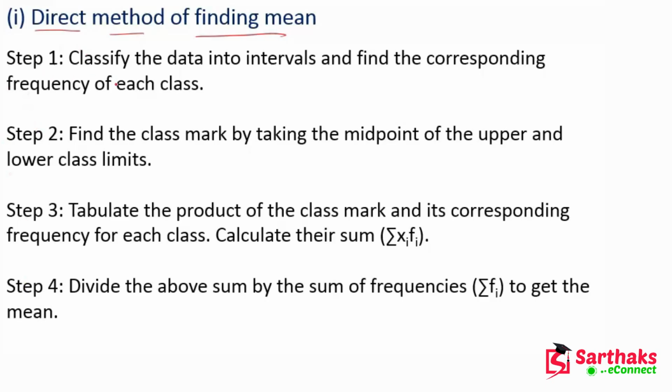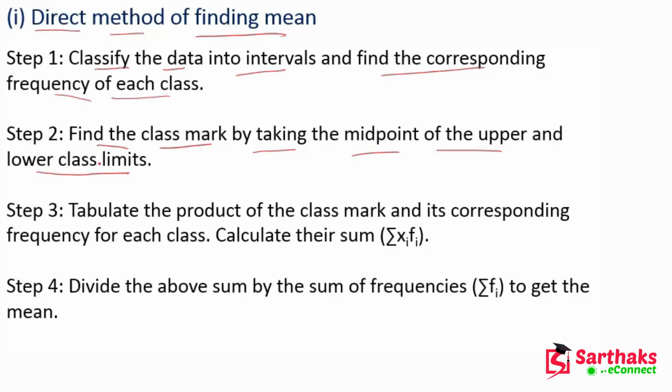Step number 1: classify the data into intervals and find the corresponding frequency of each class. This is given in the question already. After that, find the class mark by taking the midpoint of the upper and lower class limit.